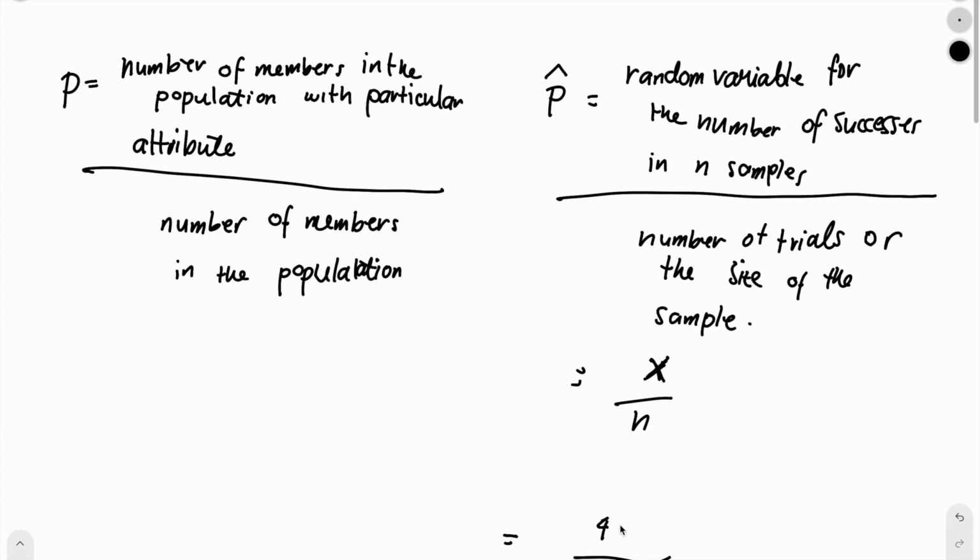So let's say they have 421 out of 500. So we have 0.84. So out of the 500 senior citizens in Japan, 421 of them own a cell phone. So the sample proportion is 0.84, and to answer the question, that is 84%. 84% of the senior citizens own a cell phone.